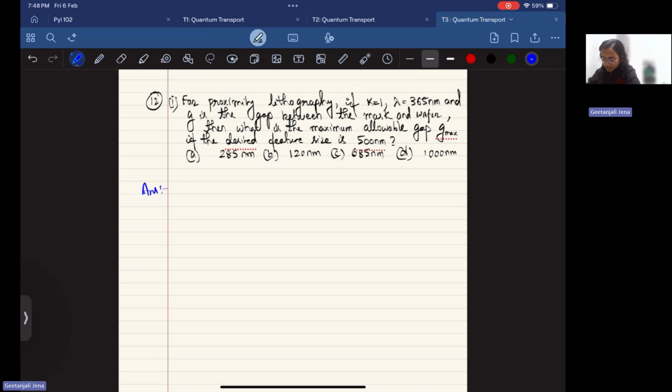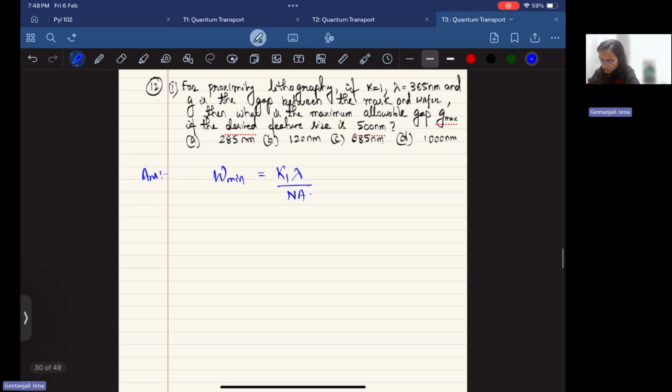So if you recall the formula, W minimum is given by K1 lambda by NA.